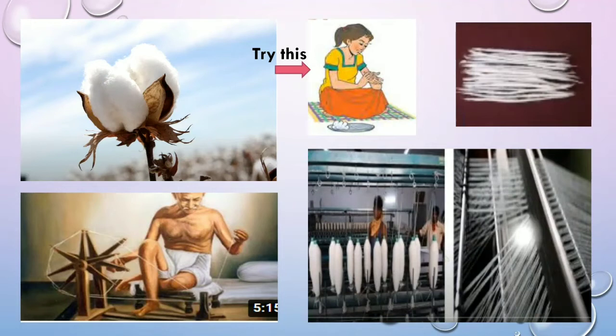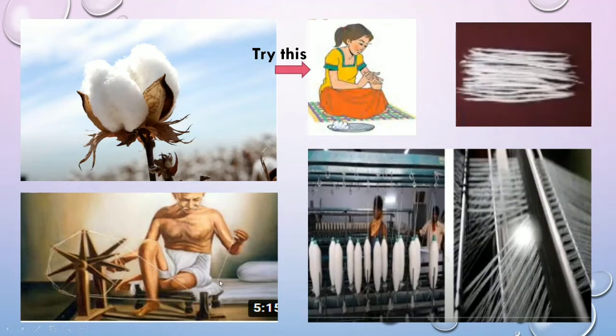In order to win independence in our country, children, do you know Mahatma Gandhi started a people's movement. He called upon them to use only those things that were produced in our country.